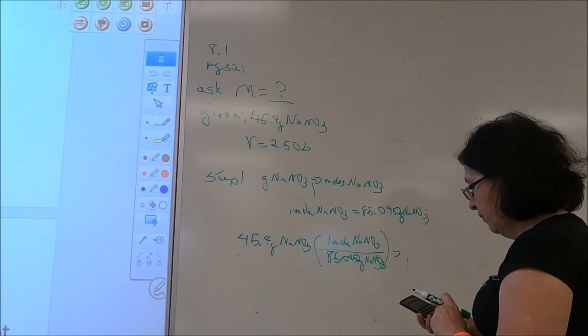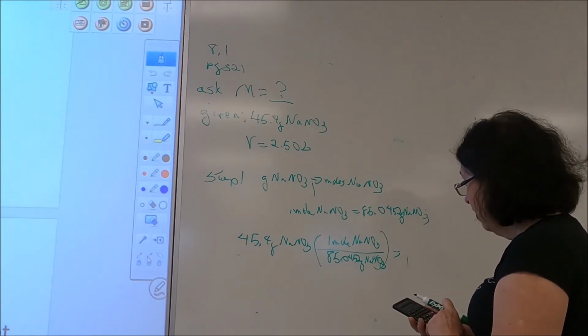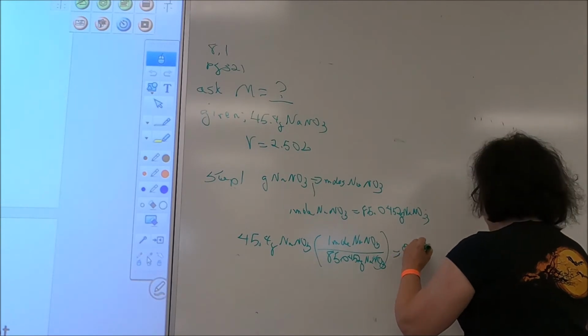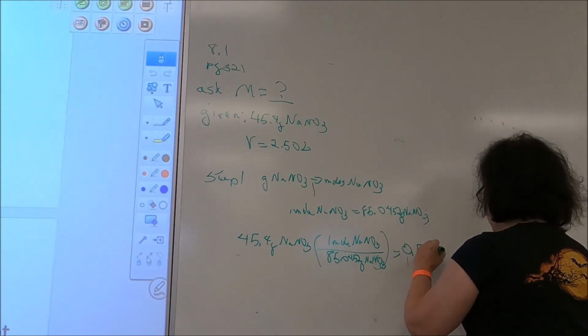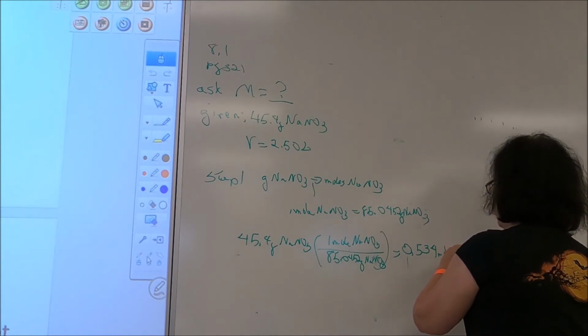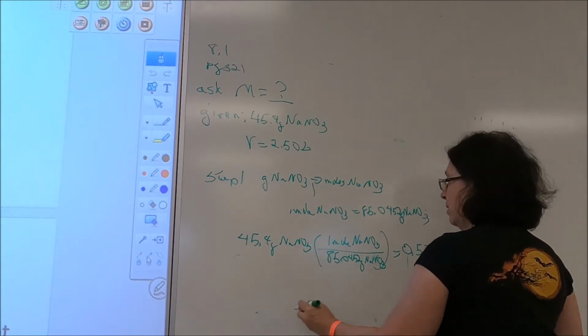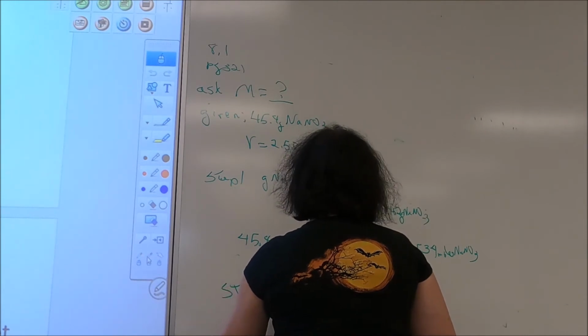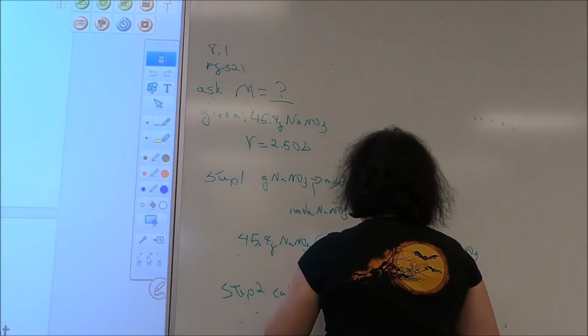So 45.4 divided by 85.0452 gives me 0.534 moles of sodium nitrate.